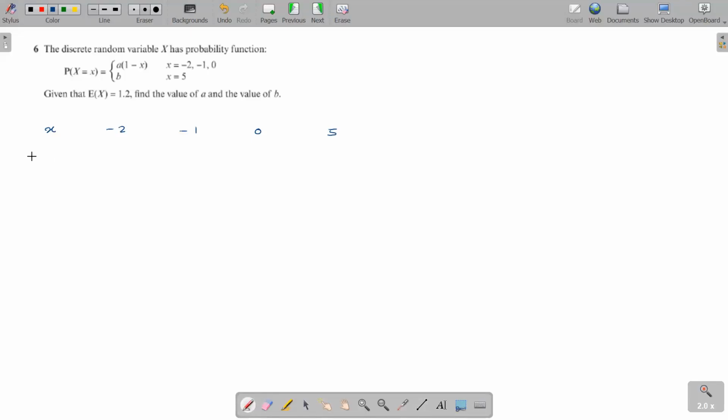And then let's go for the probability values, P(x), and let's fill this table.